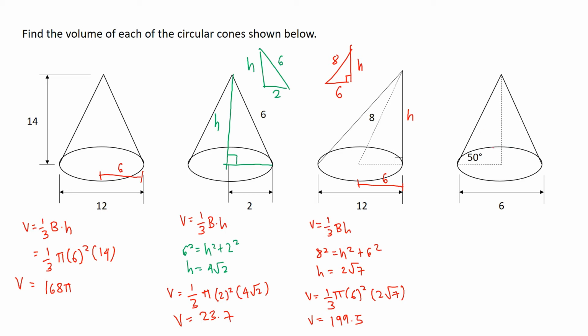Okay, so for the fourth figure, last figure for this problem, we still solve for the volume. Given ang radius, which is 3, ang problema lang is to get the height. And given sa problem is, instead of the slant height, like this one, second figure na to, ang gihatag sa problem is angle.